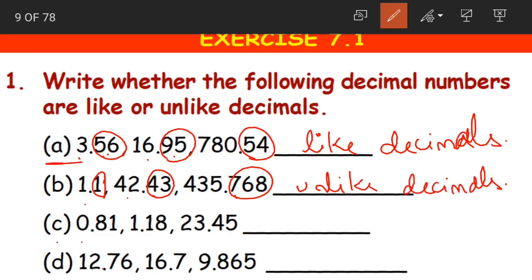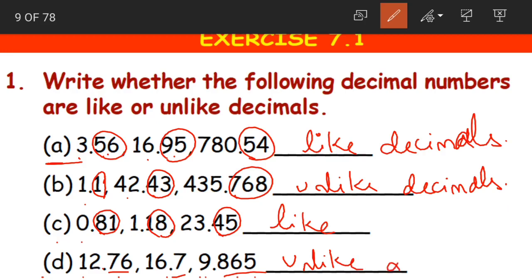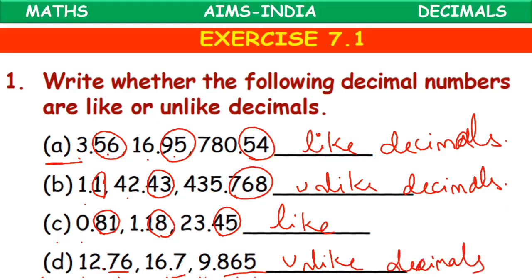Now coming to question C, 0.81, 1.18, 23.45. Again, these are having the same number of decimal places, so these will become our like decimals. And coming to the last question, 12.76, 16.7, 9.865. The number of decimal places are different, so these will be our unlike decimals.